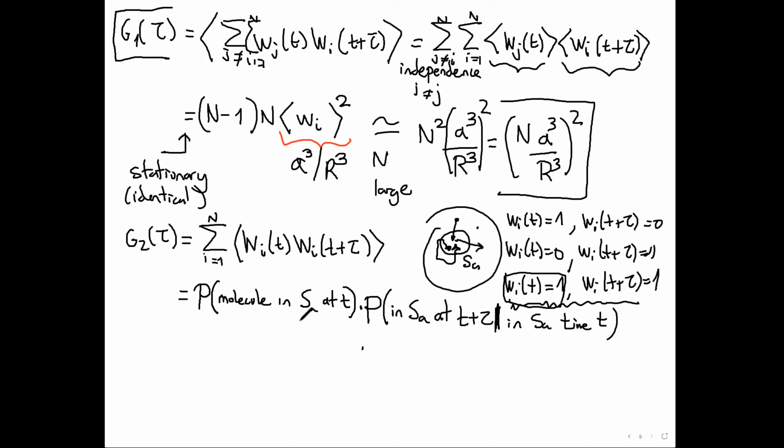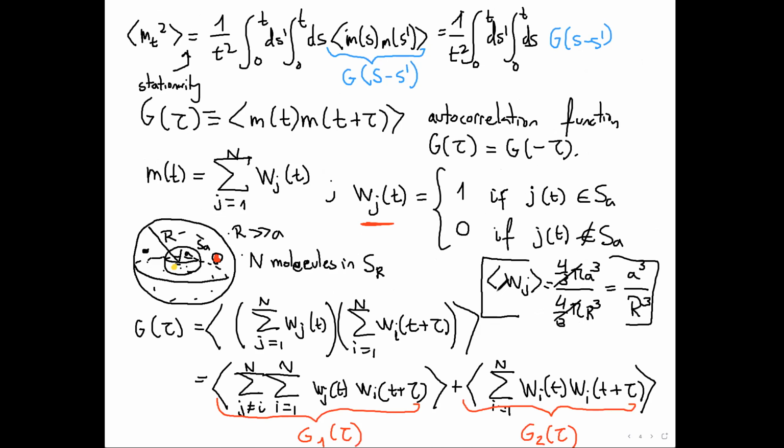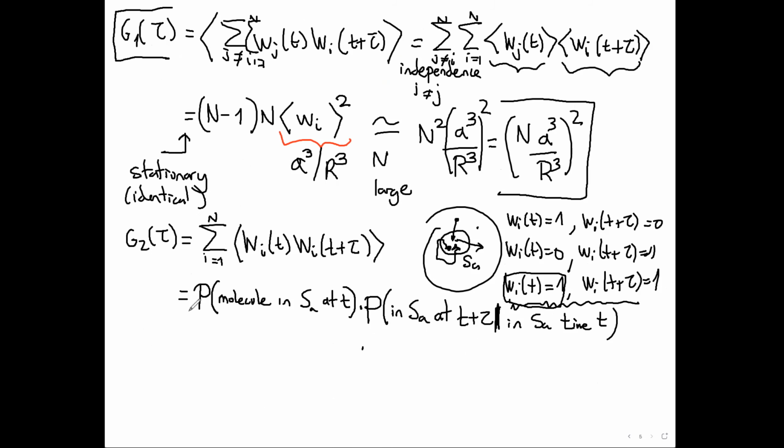Okay? So this one is quite simple because it is precisely this one. What is the probability among all the pool to find a molecule inside the volume? It's a number smaller or equal than 1. So the first one is A cube divided by R cube. And the second one, I call it U tau.